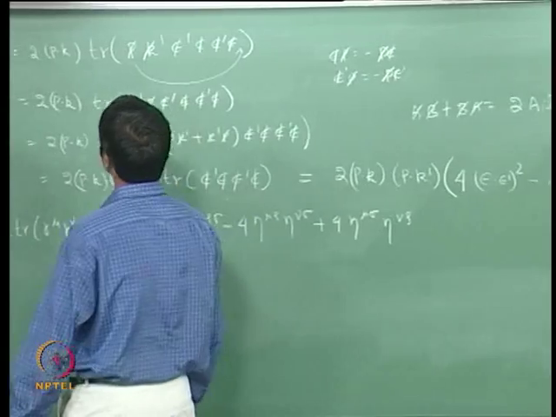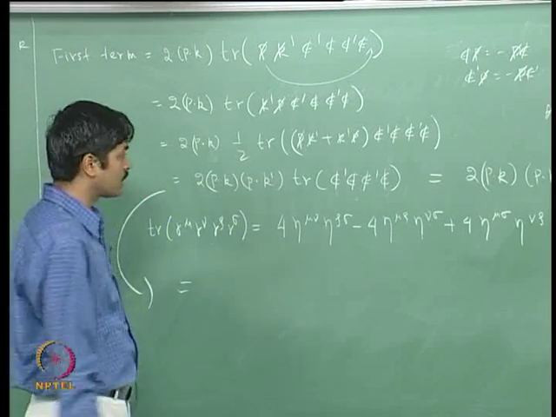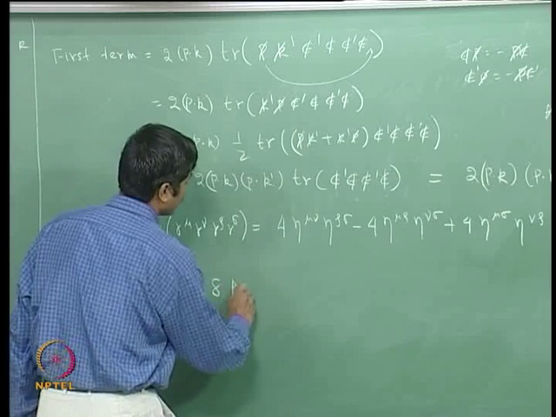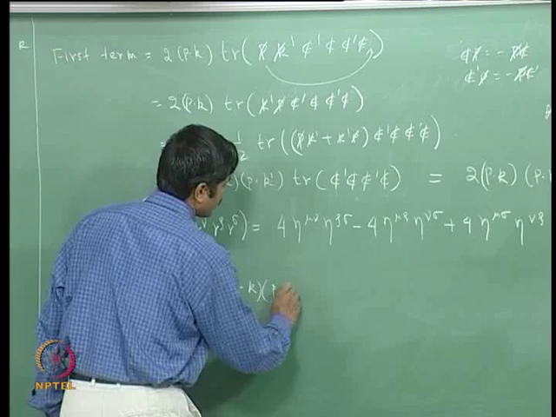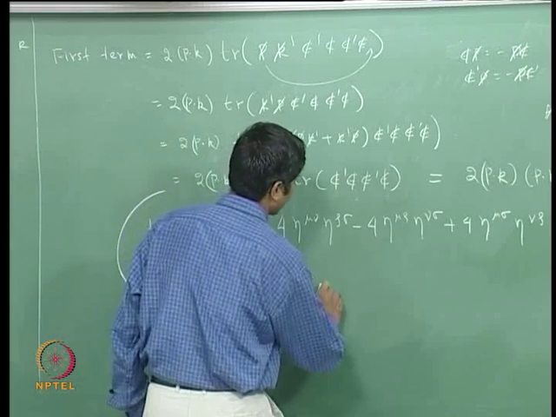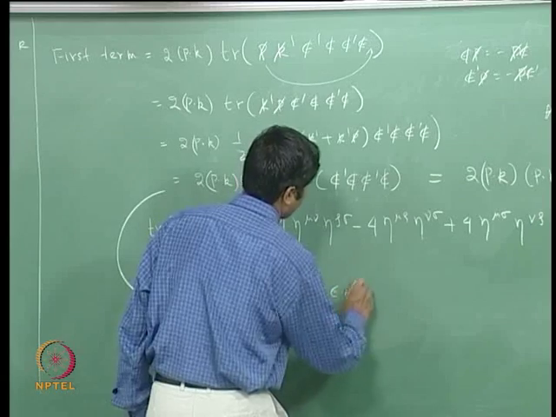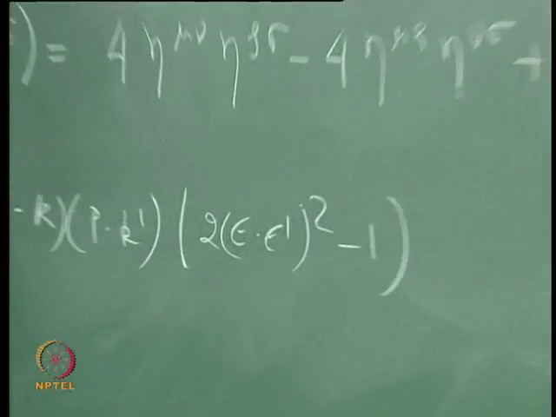So, therefore, this term here is evaluated as 8 p dot k prime times twice epsilon dot epsilon prime whole square minus 1. All right.